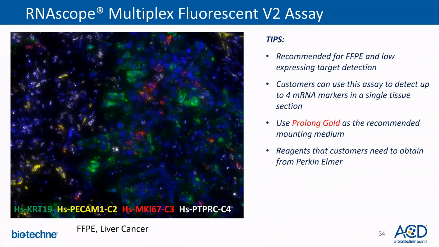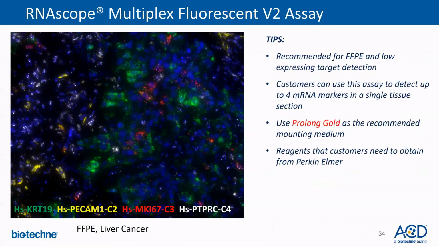Shown here is an example of successful 4-plex staining with the V2 assay. The sample type shown here is an FFPE sample from liver cancer. The V2 assay is recommended for FFPE and low expressing targets, primarily because it has PerkinElmer's TSA-based amplification technology.